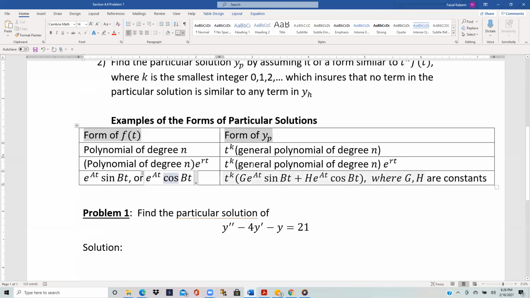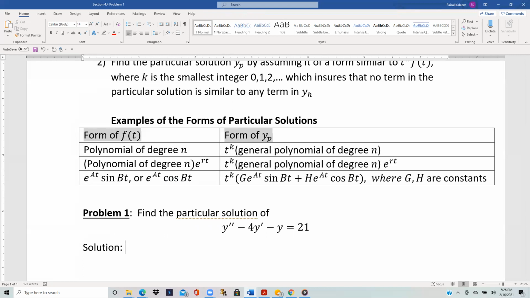Okay, so now let's look at a problem. Find the particular solution of this equation. So you see, we have almost the same equation, but instead of having 0 on the right-hand side, we have something else. So here, step one is to find the solution of the associated homogeneous equation so as to make sure that we don't have repeated terms in the particular solution.